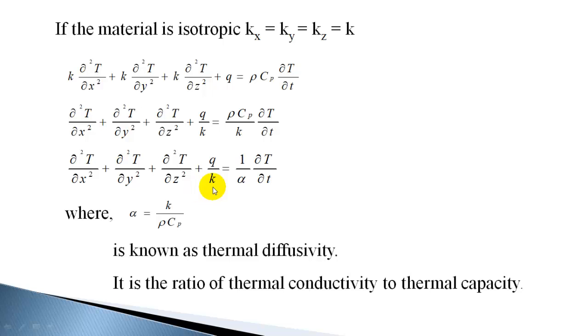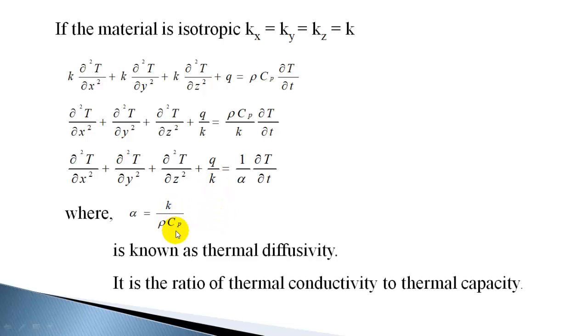It is also unsteady state, because temperature variation with respect to time is considered. So you can say this is an unsteady state three-dimensional heat conduction equation with heat generation for an isotropic material, because this term exists.